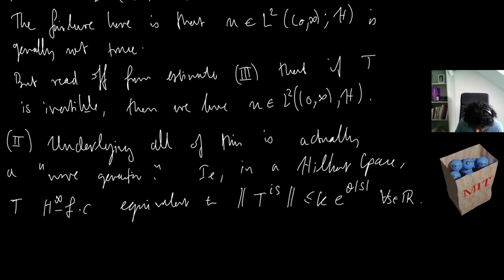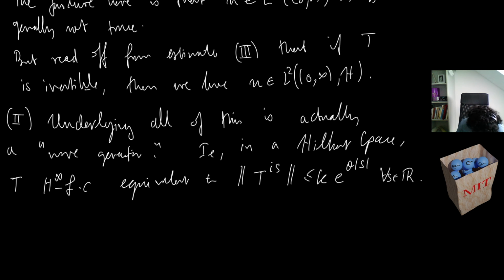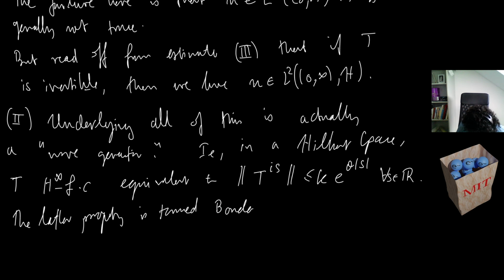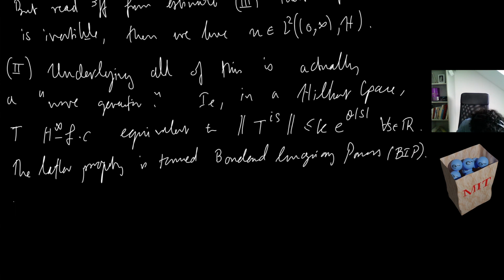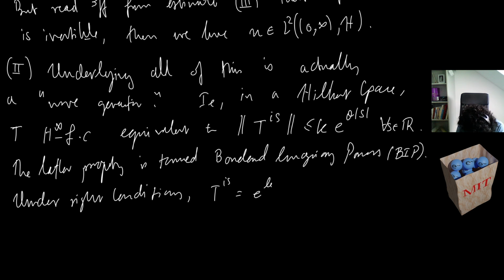So this latter property is termed bounded imaginary powers, or BIP. And so under the right conditions, T to the is is really what? This is really e to the i s logarithm of the operator T, right?